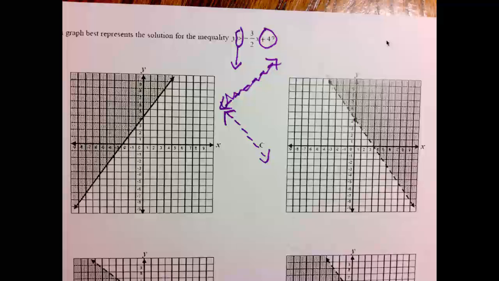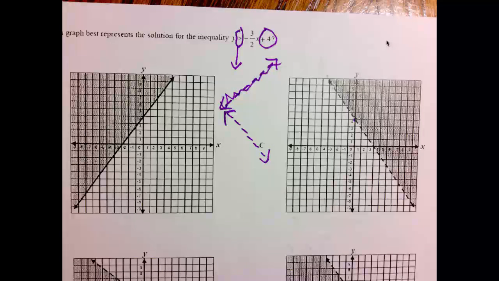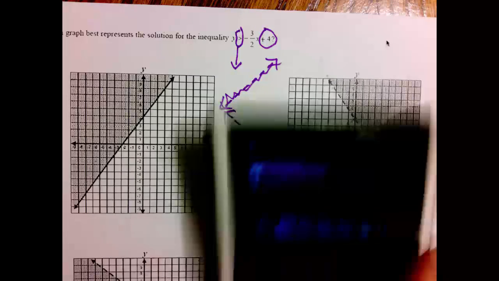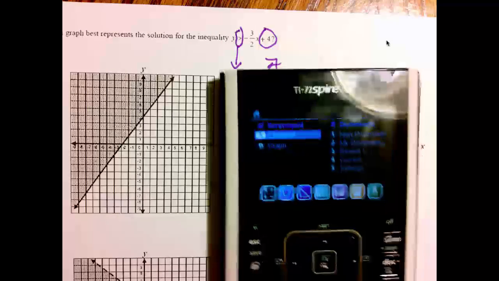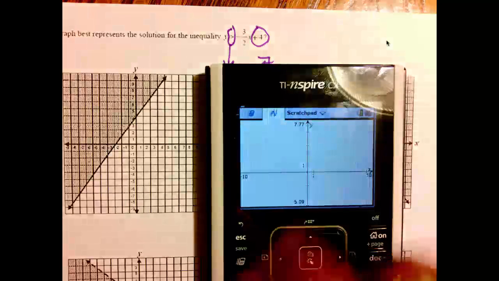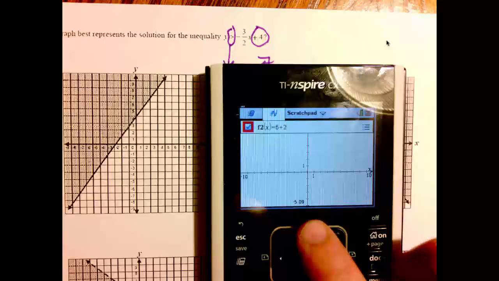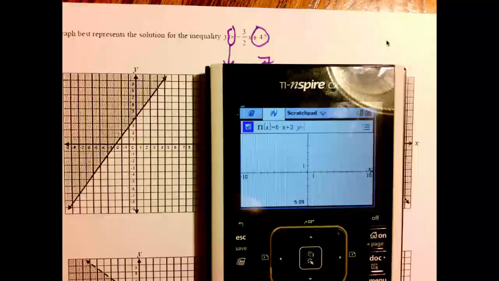So here we go. I'm going to go to graph B and hit tab to bring up my function. I see it's on F3. I'm going to scroll up and eliminate my previous two functions.